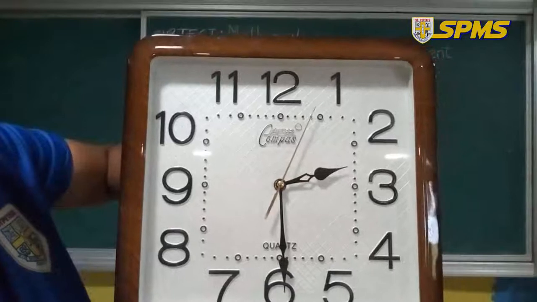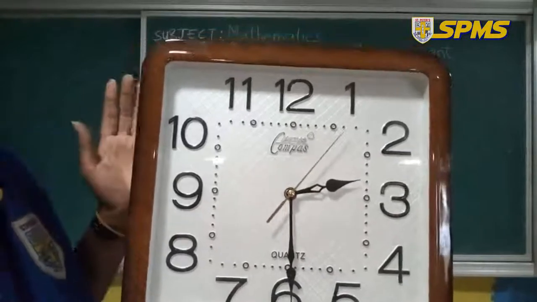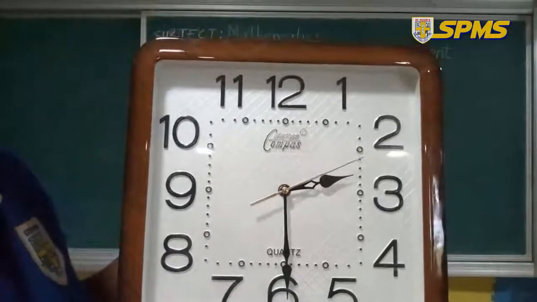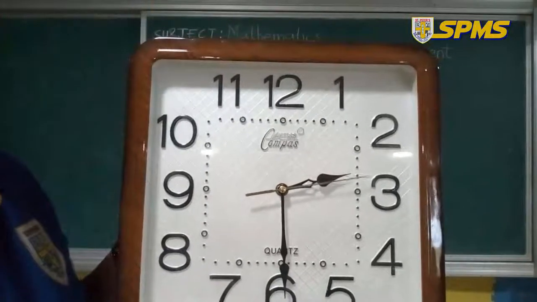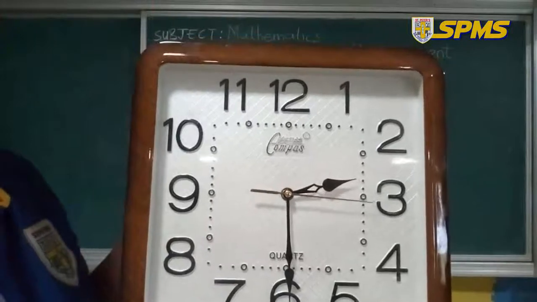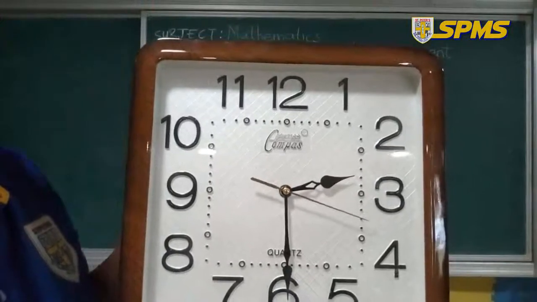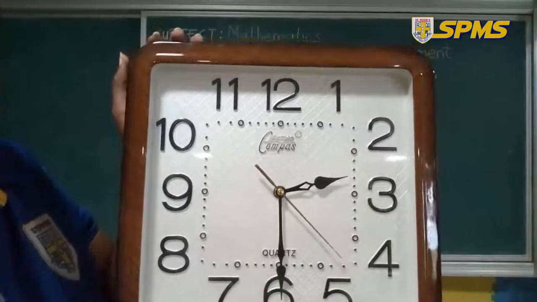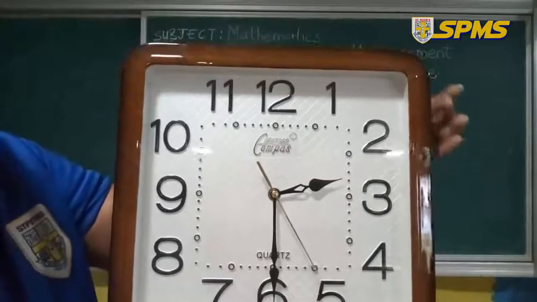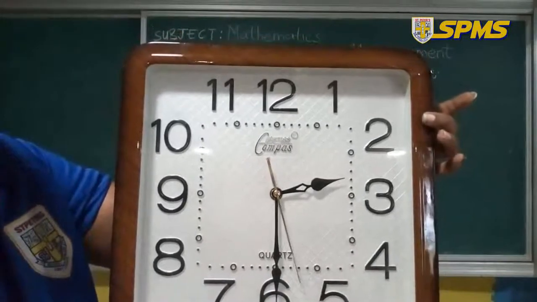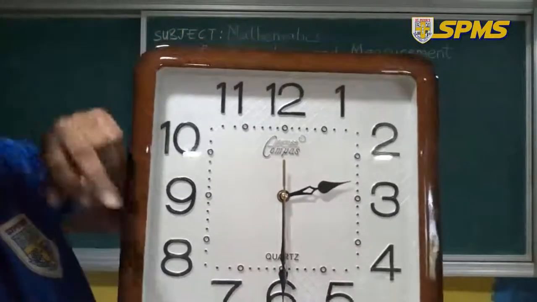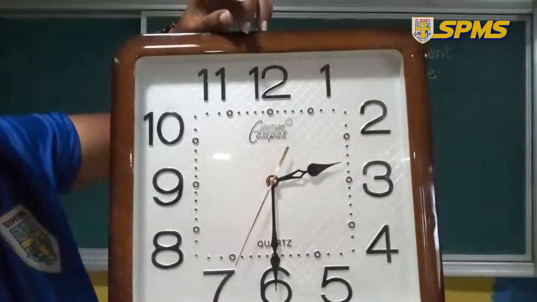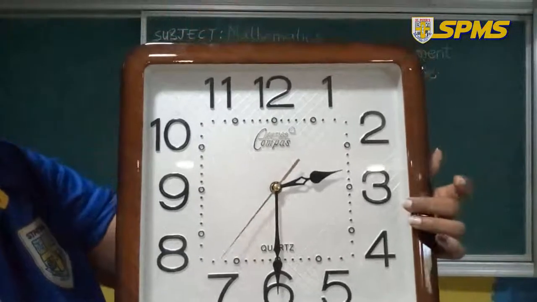So we've made half, or we've completed half of our minute hand journey. So in this case, we can say that it is half past 2, which means that we have another 30 minutes for the hour hand to move to 3.